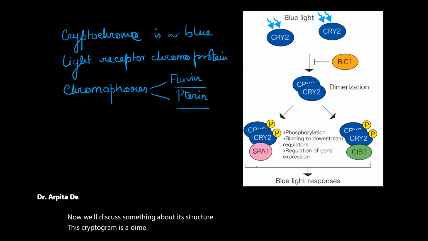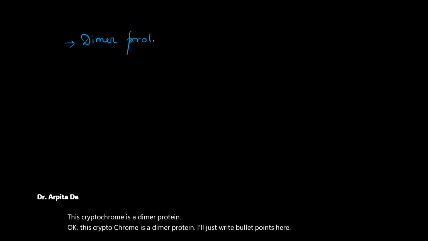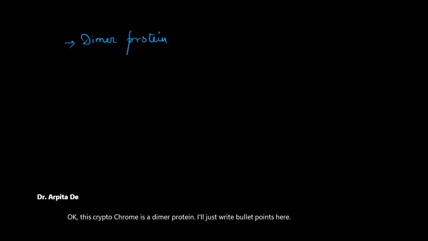Now we'll discuss a little about its structure. This cryptochrome is a dimer protein. I'll just write bullet points here. It's a dimer protein. Now, its N terminal has PHR.